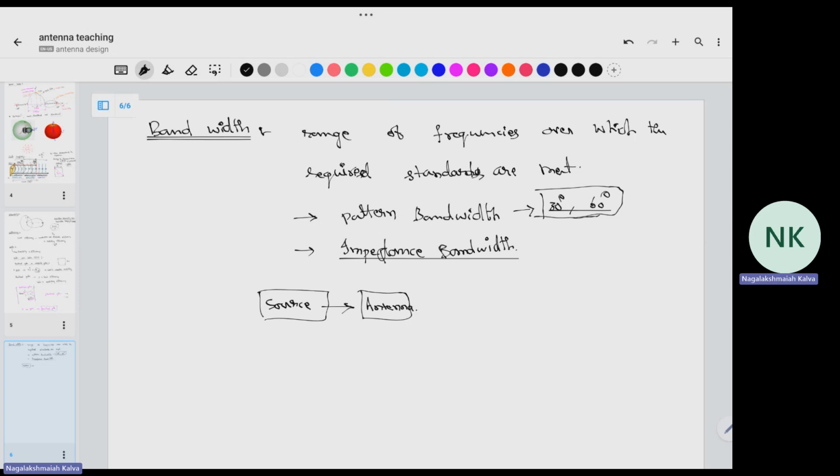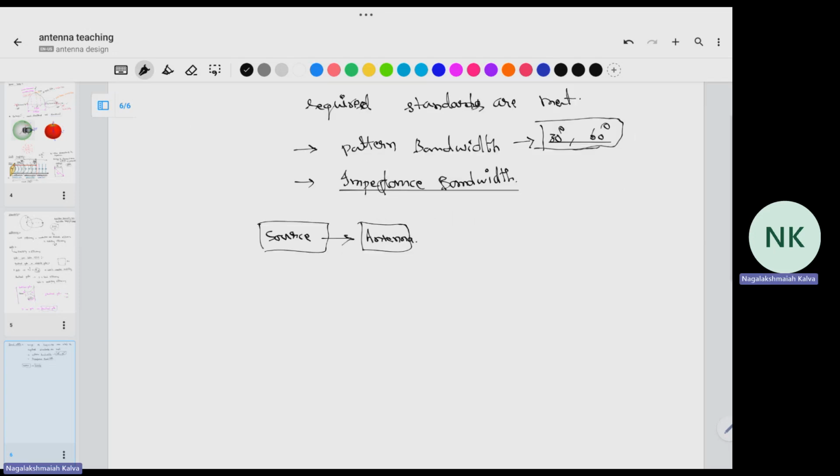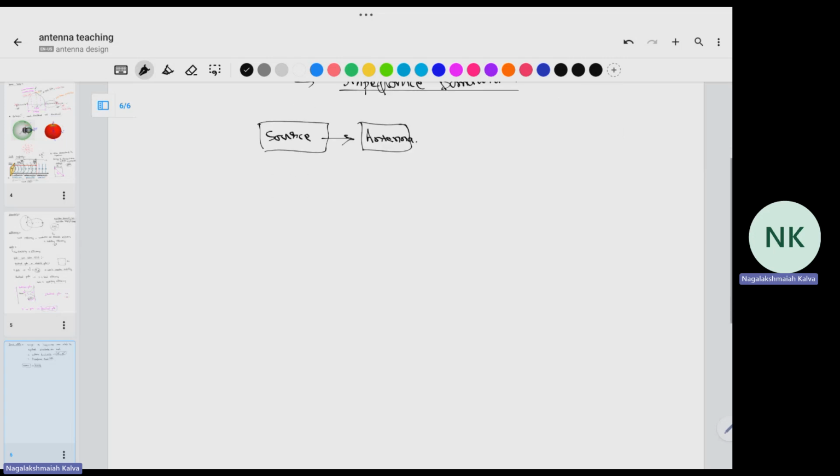That is impedance bandwidth. All of these are the important parameters which we should know while designing an antenna. We'll stop here. I'll start one more video on dipole antenna design.